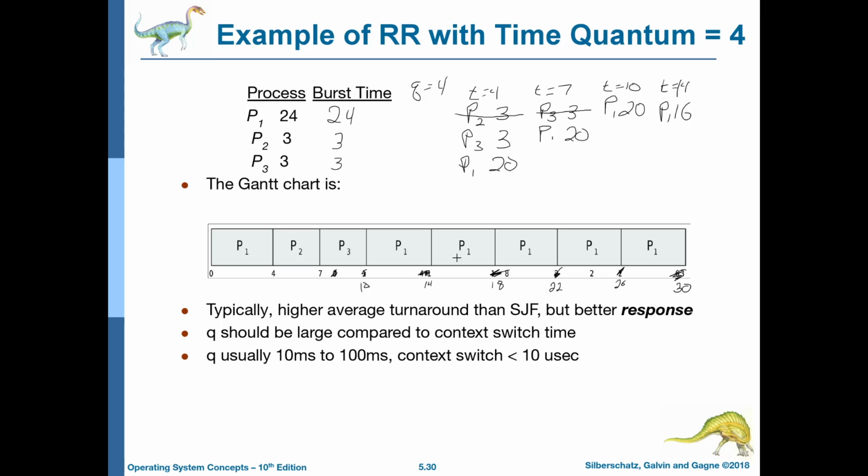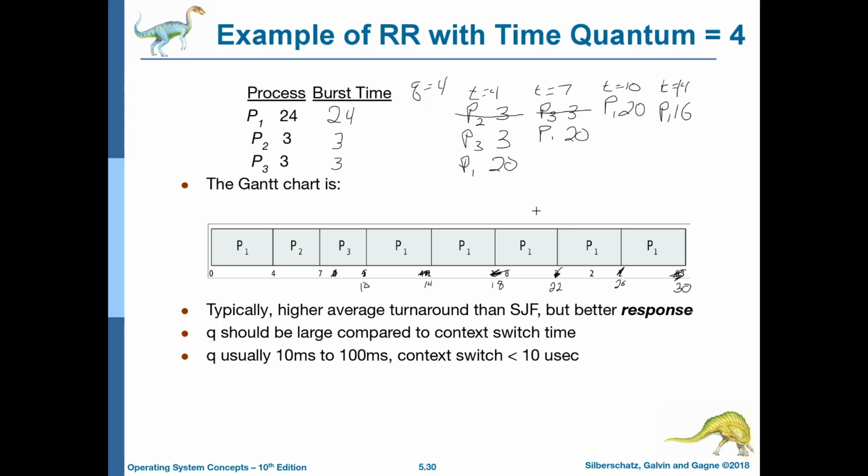At the end of the first quantum, it has 20 milliseconds left in burst. At the end of this, it has 16. At the end of this, it has 12. At the end of this particular quantum, it has 8. At the end of this quantum, it has 4. And at the end of this quantum, it has 0, and the process terminates.